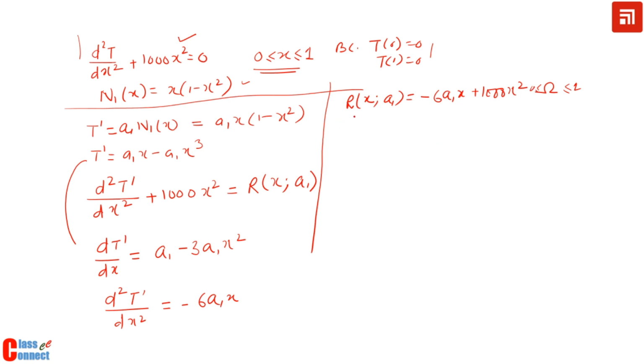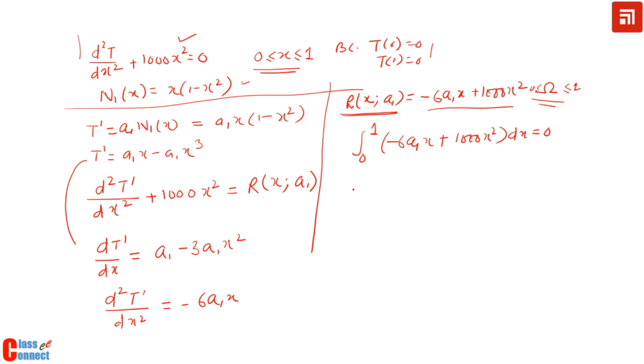Now I have to integrate this, because our aim is to integrate the residual over the domain, and that should be equal to 0, so that we get the approximate result of the problem. So I integrate from 0 to 1 over the entire domain x, and I am directly substituting the expression: minus 6 a1x plus 1000 x square dx is equal to 0.